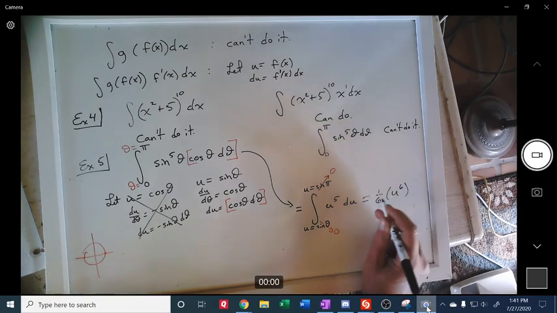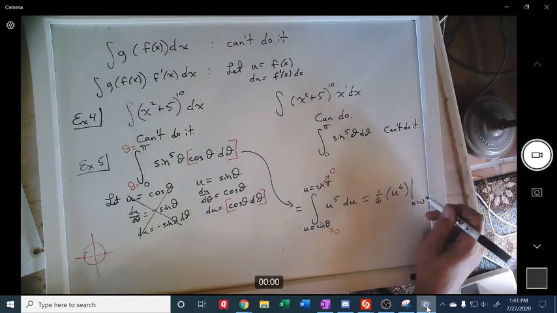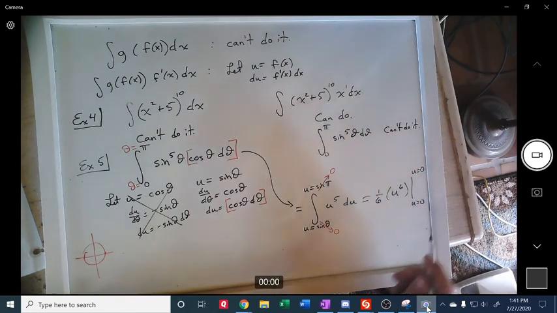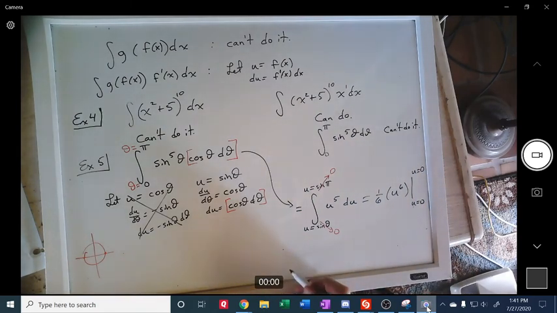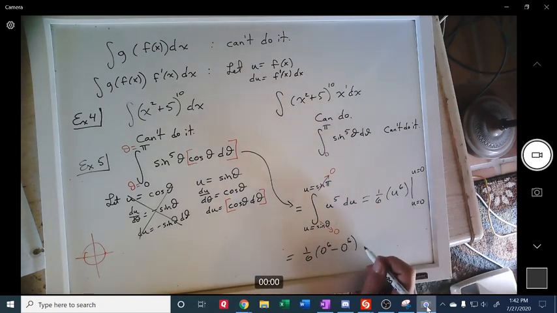But I'm going to put the 1/6 out in front, evaluated from u equals 0 to u equals 0. And then you get 1/6 when you put in the upper one, you get 0 to the 6. When you put the lower one, you get 0 to the 6th. And then 1/6 times 0 is 0, and that's my answer.